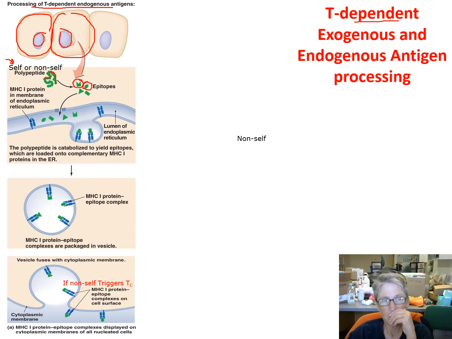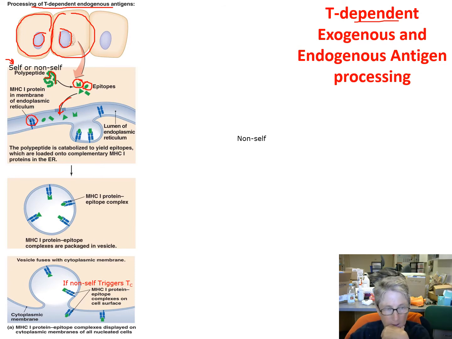And then these epitopes can get inside the endoplasmic reticulum. You see them going into a little port right there. On the inside of the ER, you have these MHC1 proteins, this blue thing here.